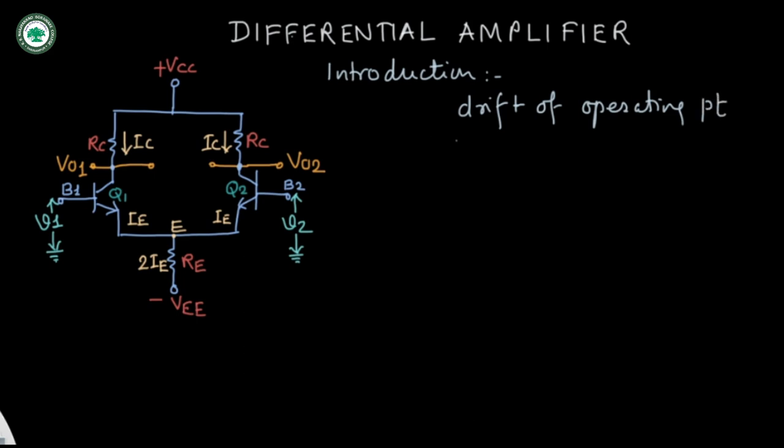This drift is due to the temperature dependency of various parameters, such as ICO, that is the collector leakage current, or VBE, the base emitter voltage, as well as hFE, that is the gain of the transistor.